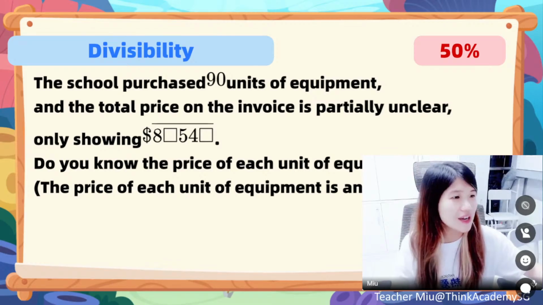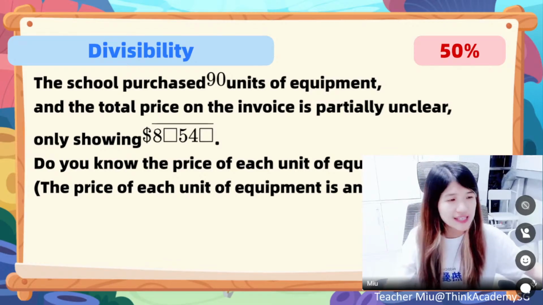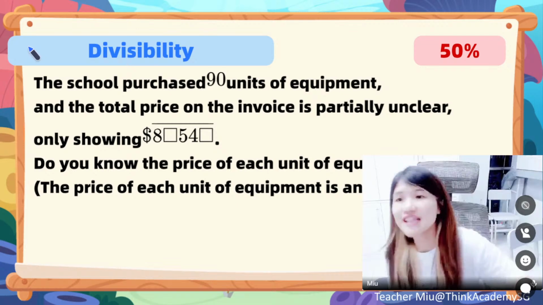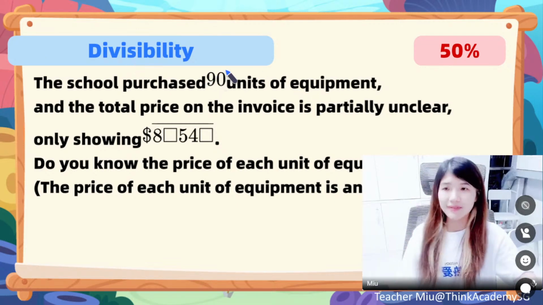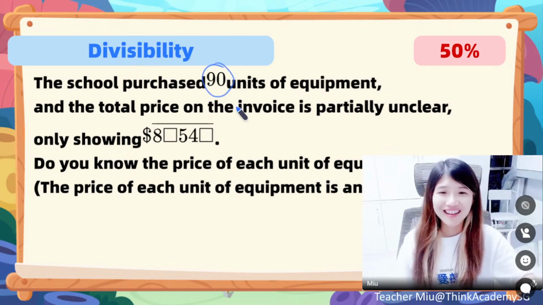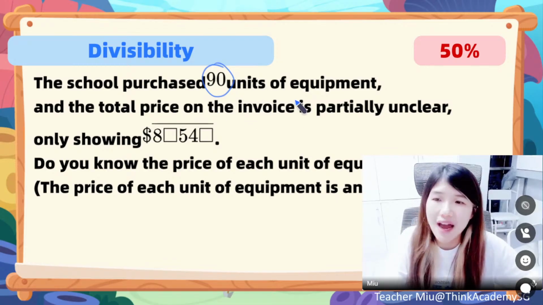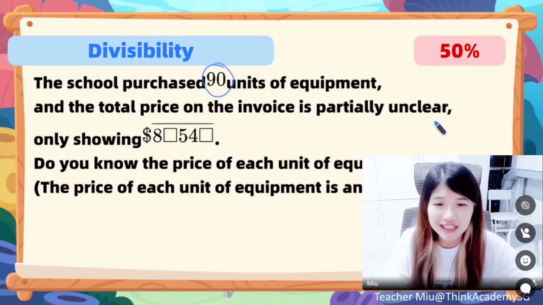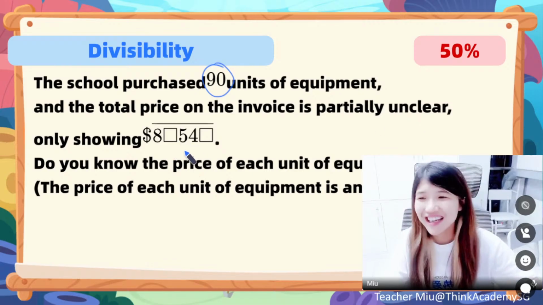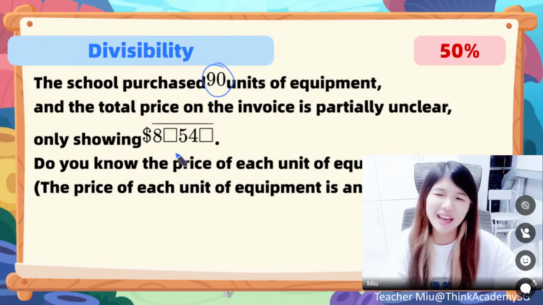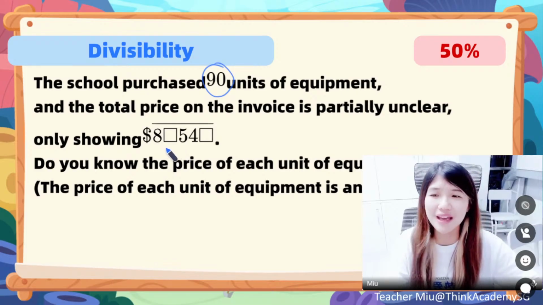For this question, it says a school purchased 90 units of the equipment. That means 90 pieces of equipment. And the total price on the invoice is partially unclear, like this. It only shows 80 something thousand, 540 something.